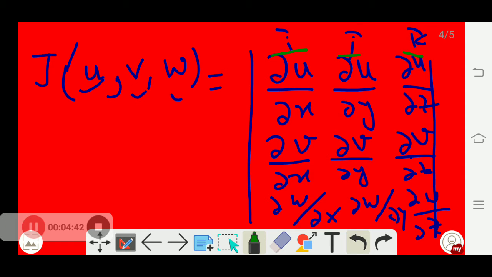Here it is x, x, x, y, y, y, z, z, z. Are you getting my point? Or you can remember in another way, but people might get confused, so you can remember in any way. Here the u thing will remain the same, I mean in a row that variable will remain the same, that is u, v, w. You can remember in any way you are comfortable in.